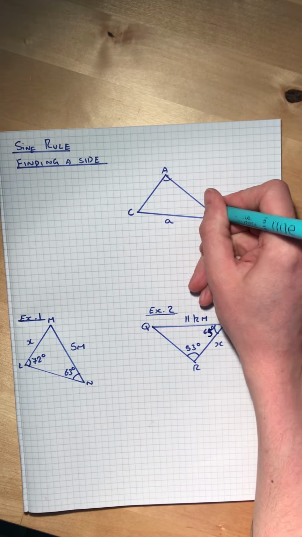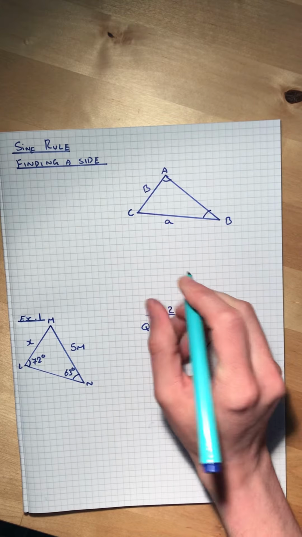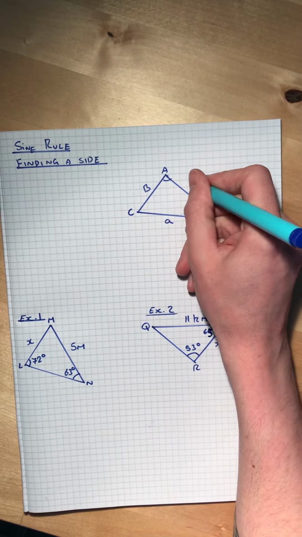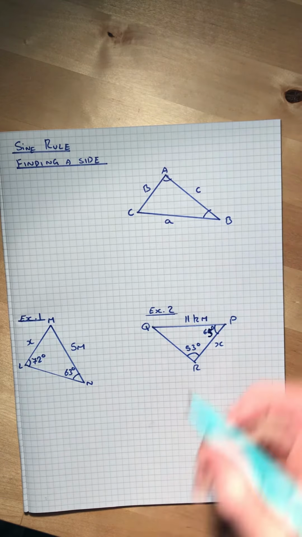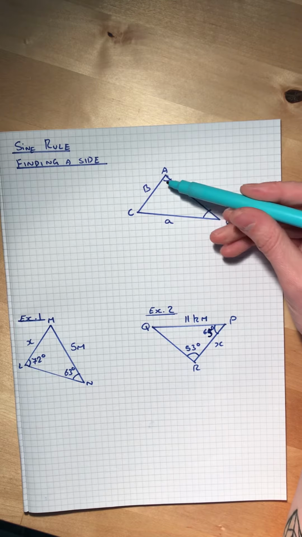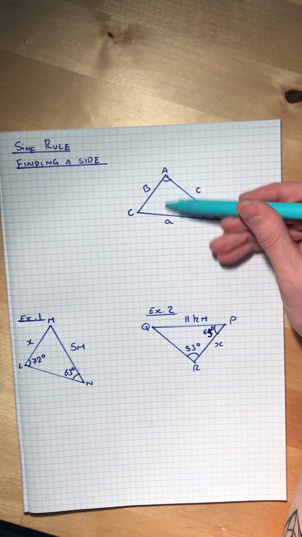We've got angle B, this is length B. This is angle C, this is length C. And what the sine rule tells us is it relates the lengths of the sides to the sines of the angles opposite them.